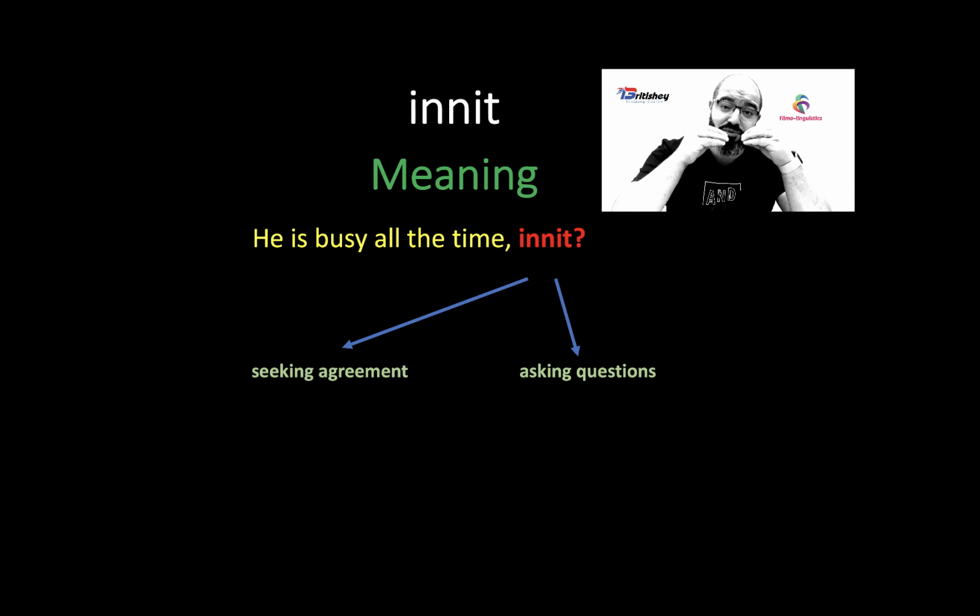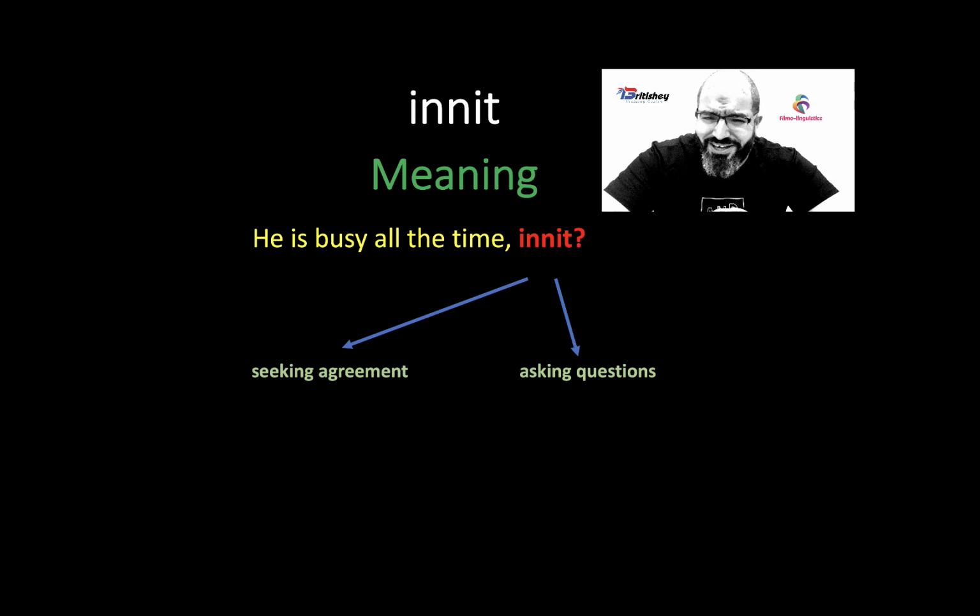So when you say it this way, it means that you're seeking agreement. You're not actually asking. You actually know that he's busy all the time, but you're just trying to get the other person to agree with you or to encourage the other person to actually speak, right? But if we want to communicate a message of a real question, let's listen to the intonation in that scenario, because you would say, he's busy all the time, innit?